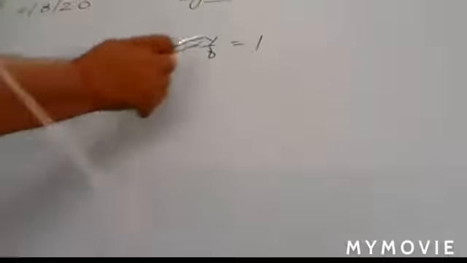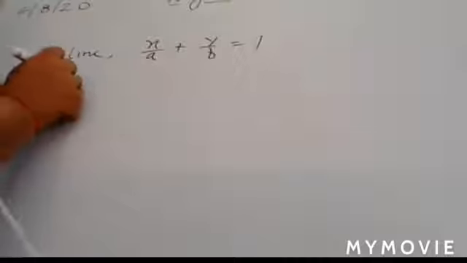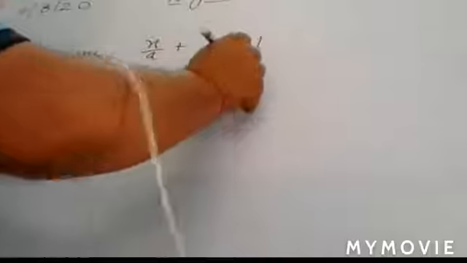So you write, so that the line x upon a plus y upon b is equal to 1 touches the curve y is equal to b into e to the power minus x upon a at the point where it crosses the y-axis.